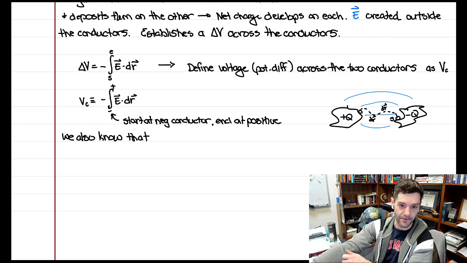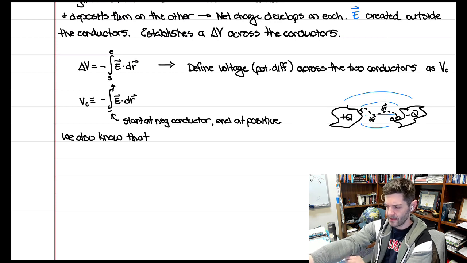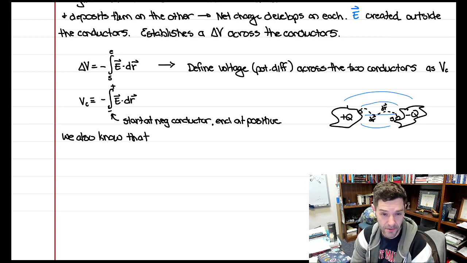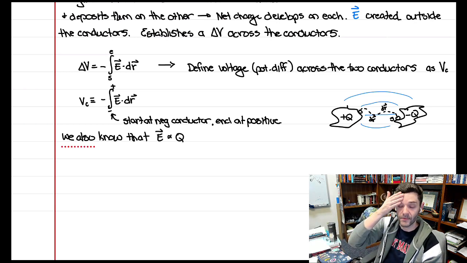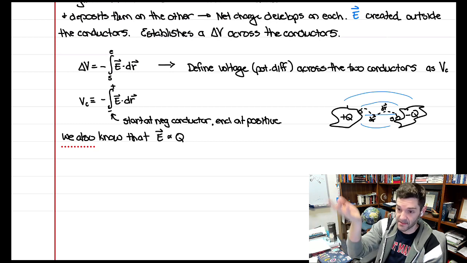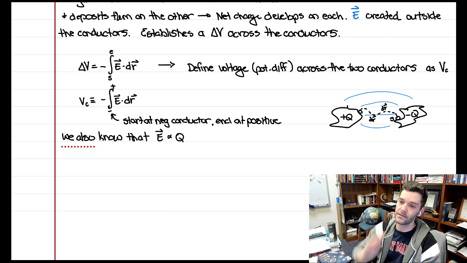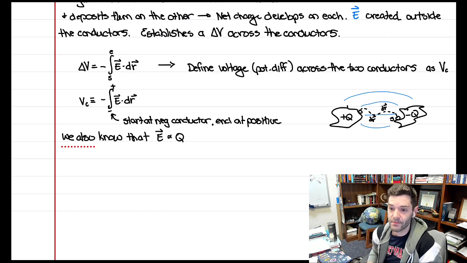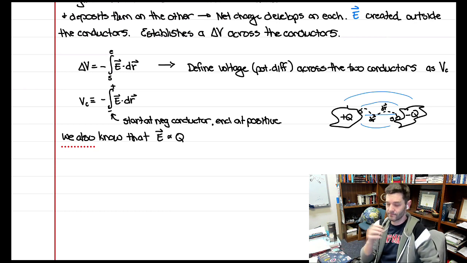The strength of that electric field, it makes sense to argue, must be proportional to the excess charge. I think we can all kind of buy that. Think of a point particle: it's some constant times q divided by r squared. For more general charge distributions, it makes sense that the electric field should be proportional to the excess charge in some way.